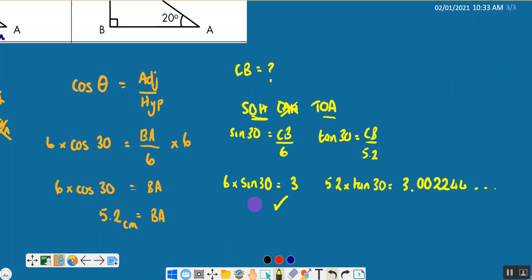Because you multiplied it by 5.2. Well, you're very close, but the fact that it's a decimal is not a problem. But there's something about that decimal.